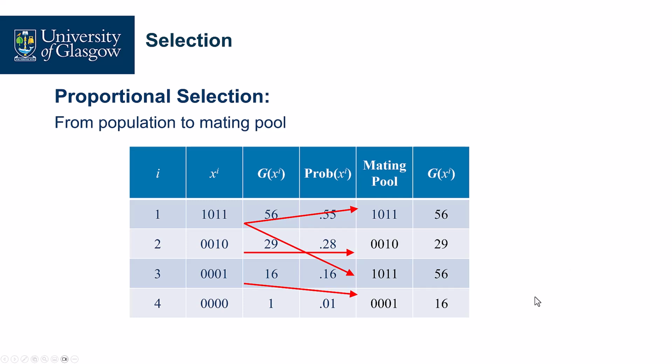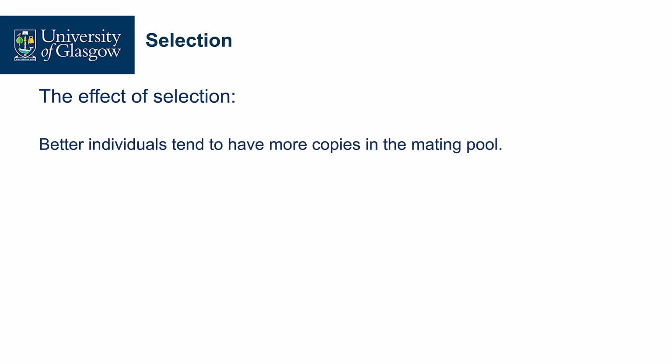Why does it happen like this? Knowing the selection process, we need to understand the effect of selection, right? Clearly, after selection, better individuals tend to have more copies. For example, in that case, the best one has 2 copies. When we consider the effect of selection or any other operators in GA, we need to consider 2 things.